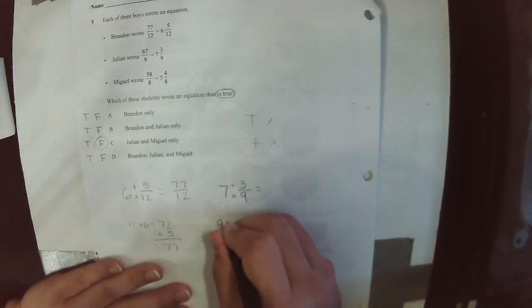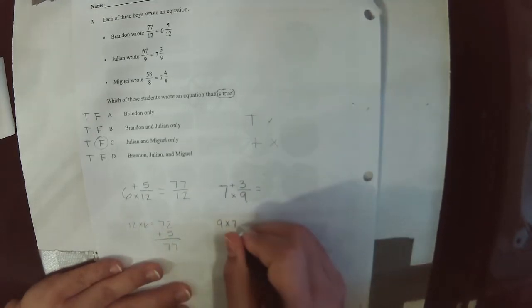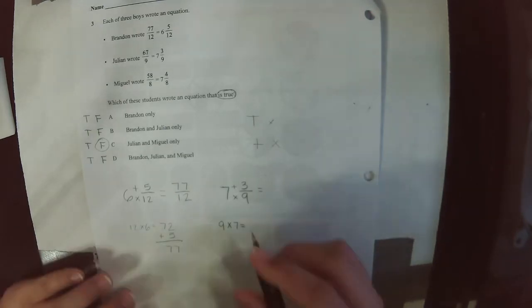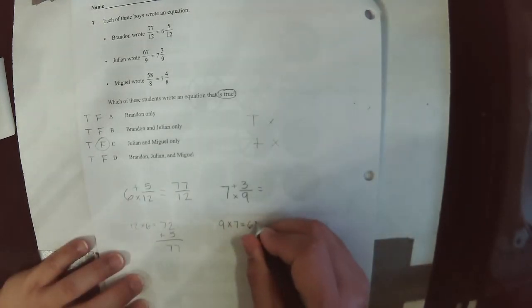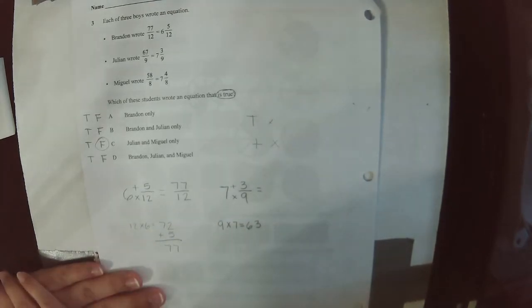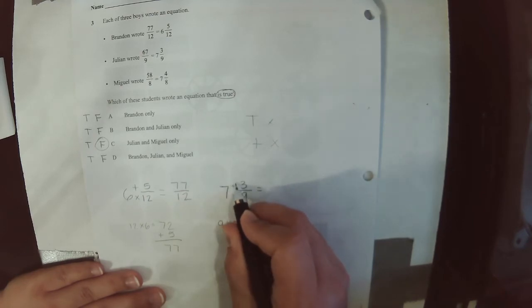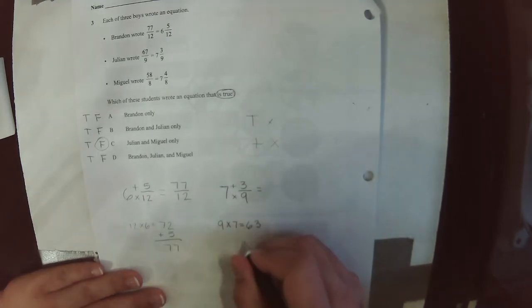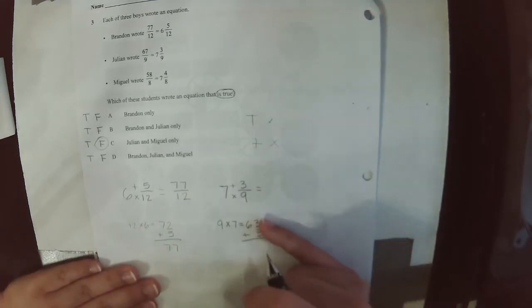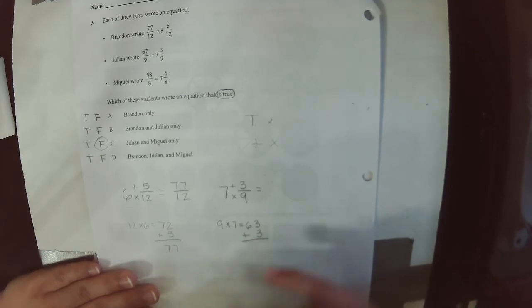Who can tell me what is 9 times 7? Jadine? 63. Okay, 63. That brings us halfway. Now we have to go all the way to the top. 63 plus 3. Who can tell me what is 63 plus 3?